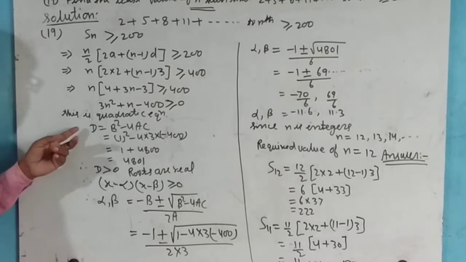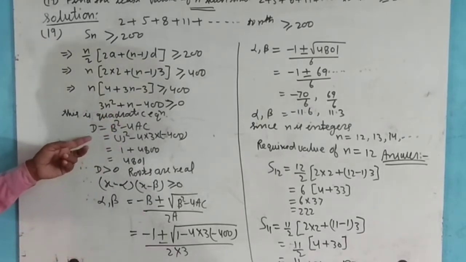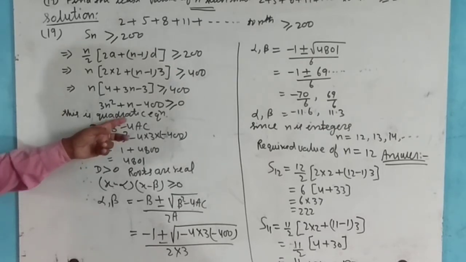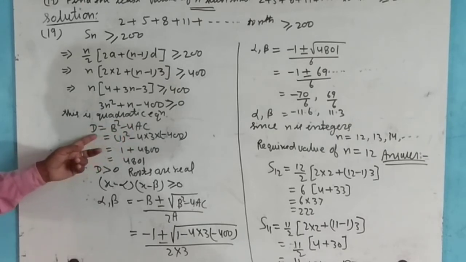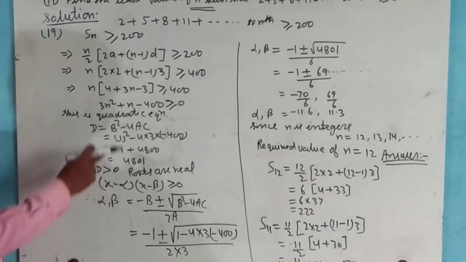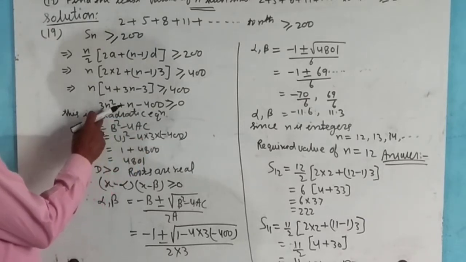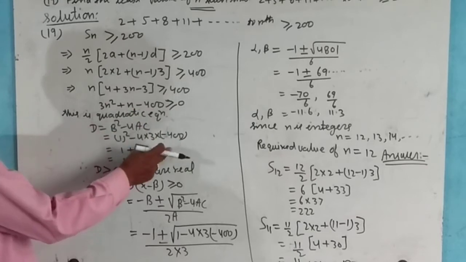Now this is a quadratic equation. We studied quadratic equations in earlier videos. Now D equal to b square minus 4ac. We calculate it for ax square plus bx plus c equal to 0, where b equal to 1, a equal to 3 and c equal to minus 400.